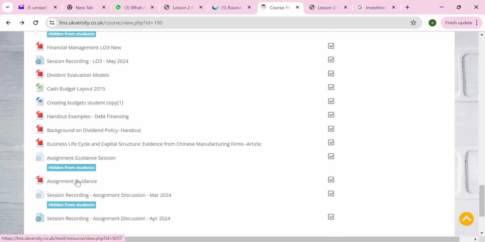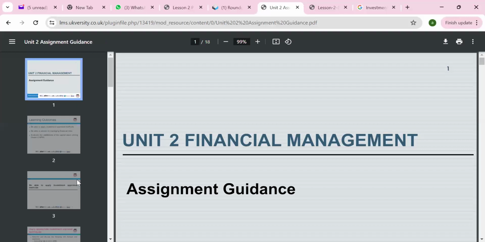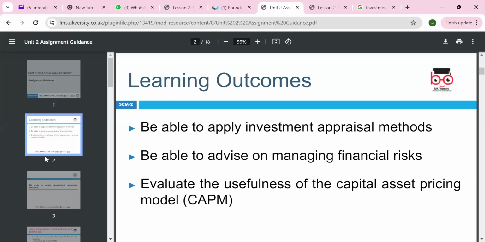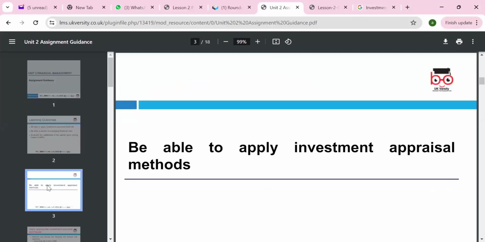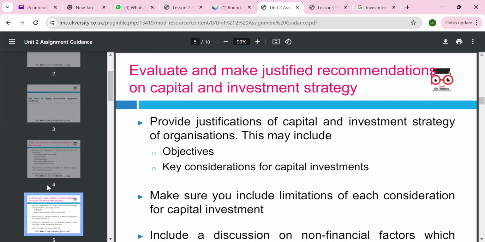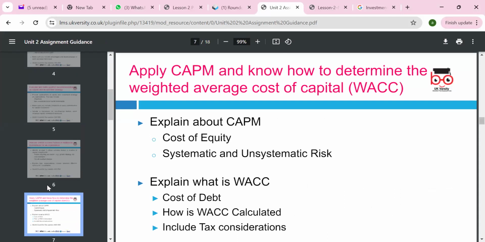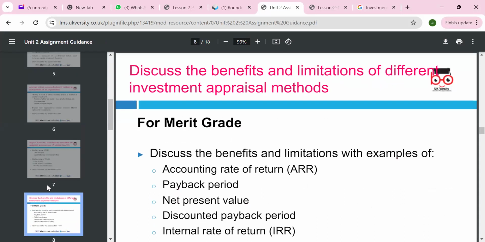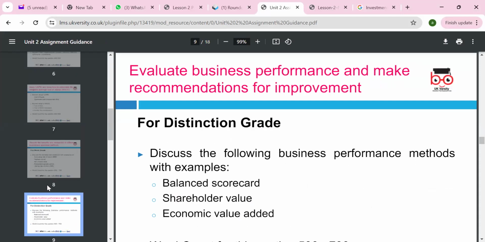Then we have assignment guidance. When you do your assignment, always make sure to divide it into tasks accordingly, and apply the investment appraisal method for your task one. For merit, you can look at the balanced scorecard and apply the method, discussing the benefits, pros and cons of each.